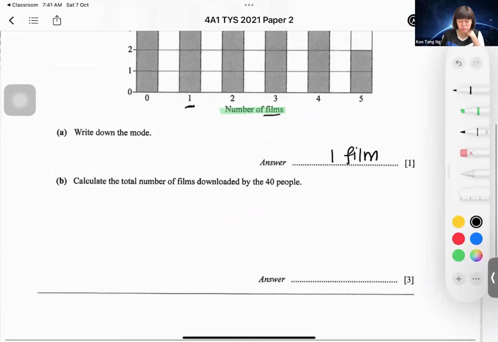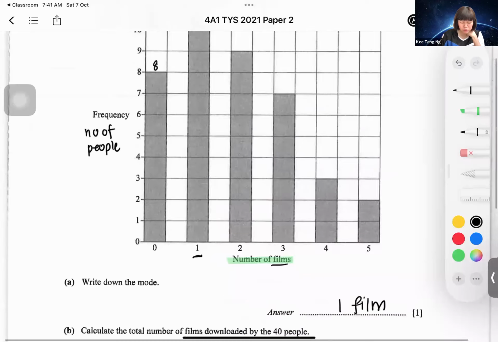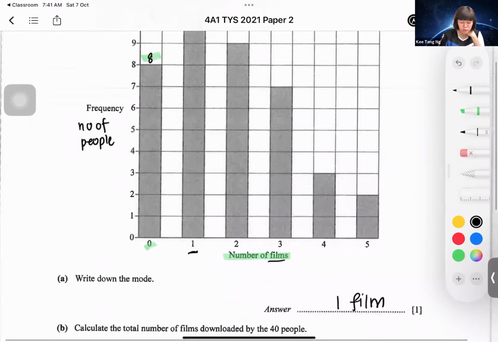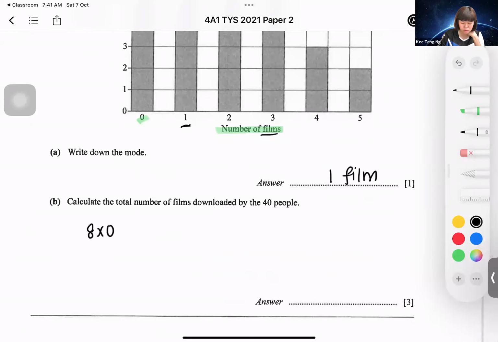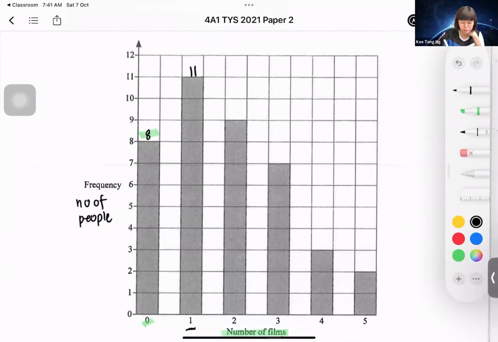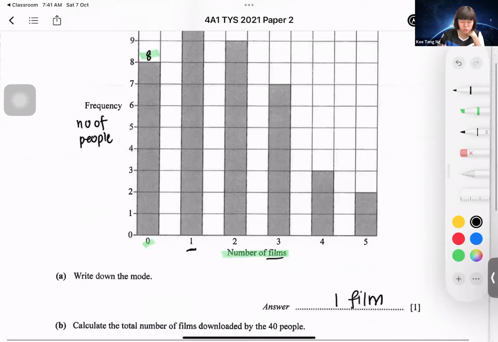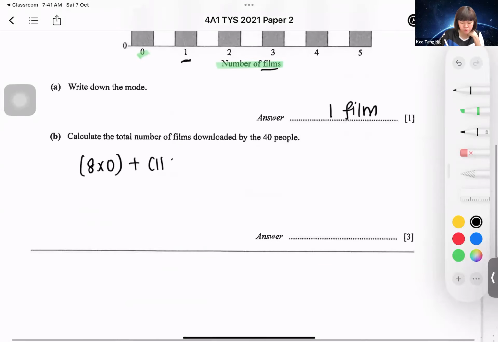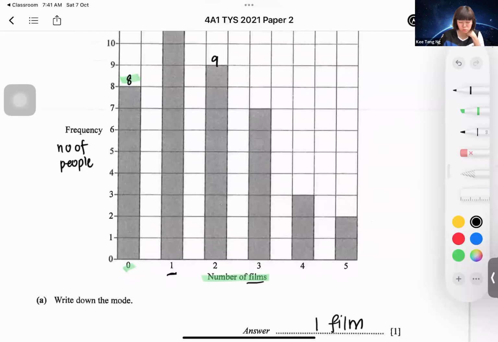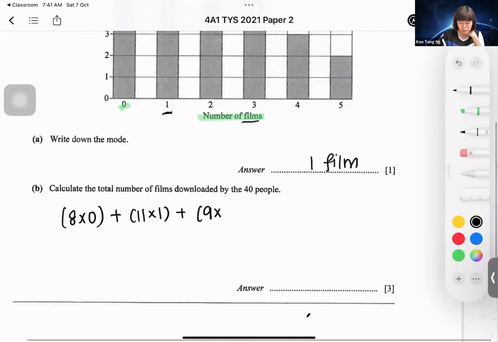Next one, calculate the total number of films downloaded by the 40 people. So in this case, 8 people downloaded 0 movies, so it's 8 times 0, plus the next one, 11 people downloaded 1 movie, so 11 times 1. Next, 9 people downloaded 2 movies, so 9 times 2.